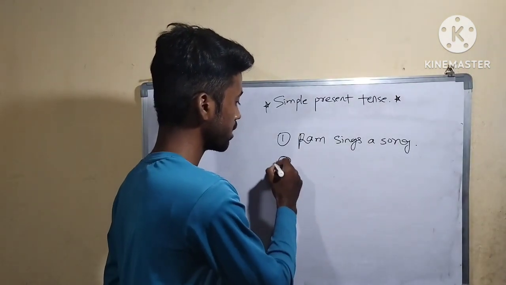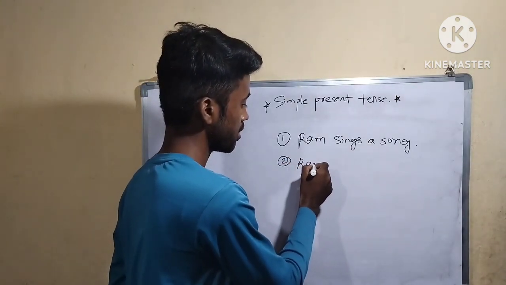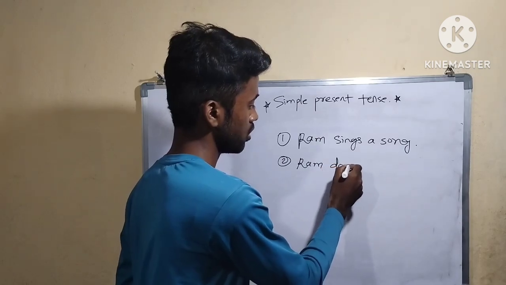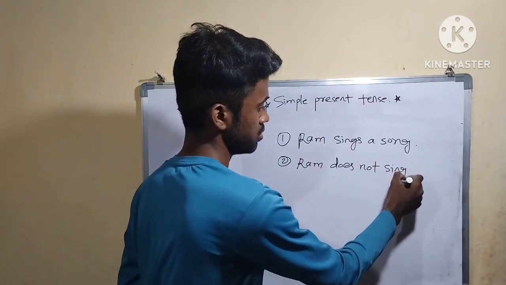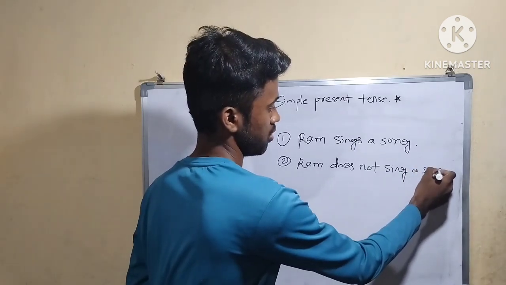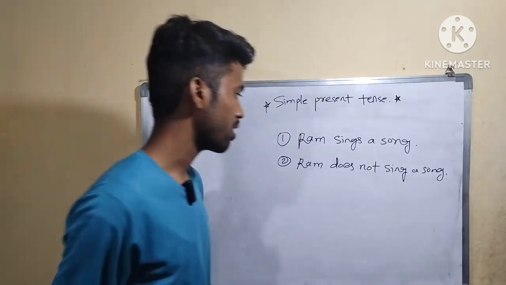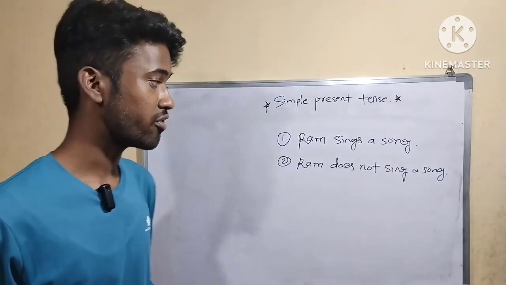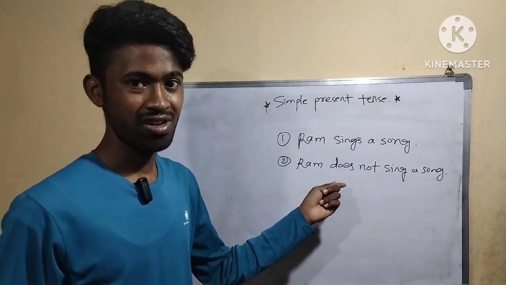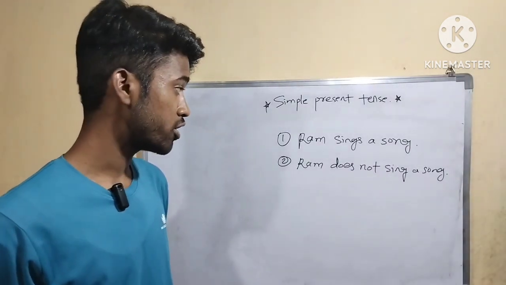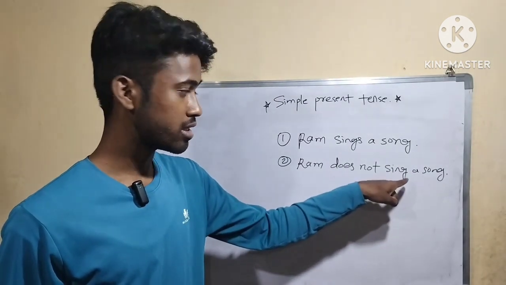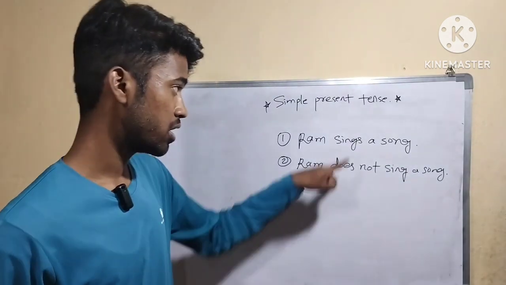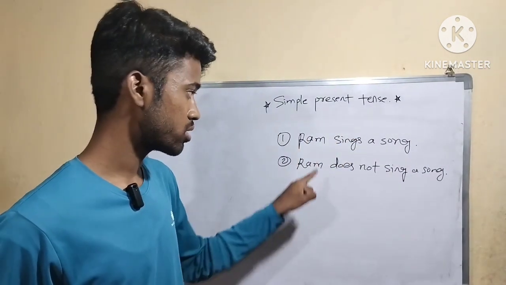So what will be the negative sentence? Ram does not sing a song. Now who will tell why here s is not there after sing? Because does is there, right? And I already told you that whenever does is there, you should not write s or es after the verb. Here we have written s because does is not there.